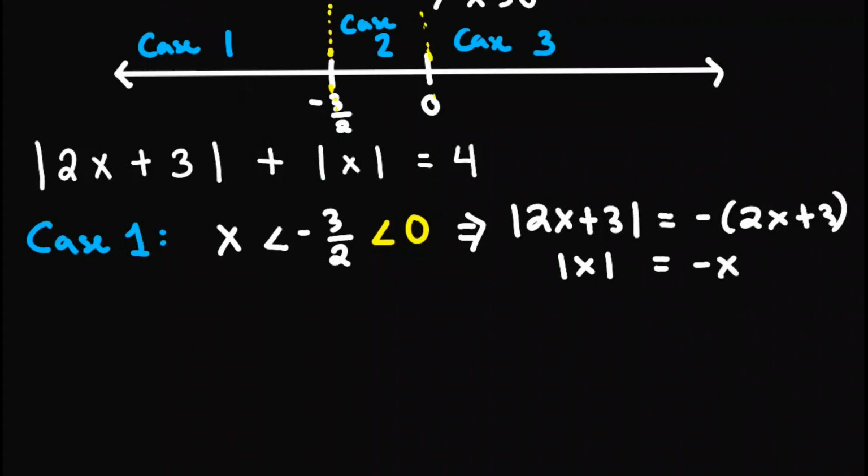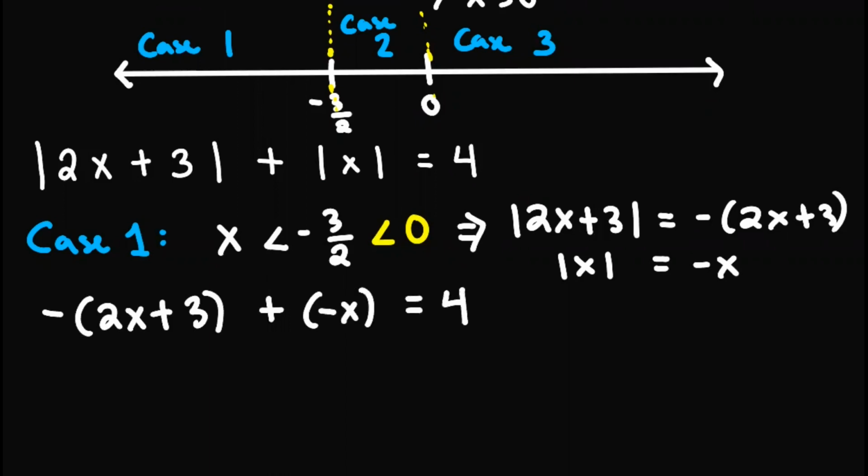So now, our equation will become -2x plus 3 plus -x equals 4. Then, we can now solve this since this is just a linear equation. So we first distribute the negative sign out here to obtain -2x minus 3 minus x equals 4.